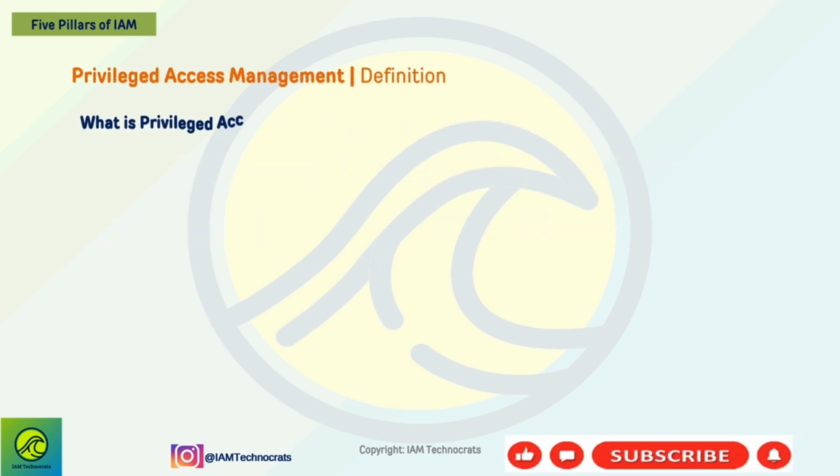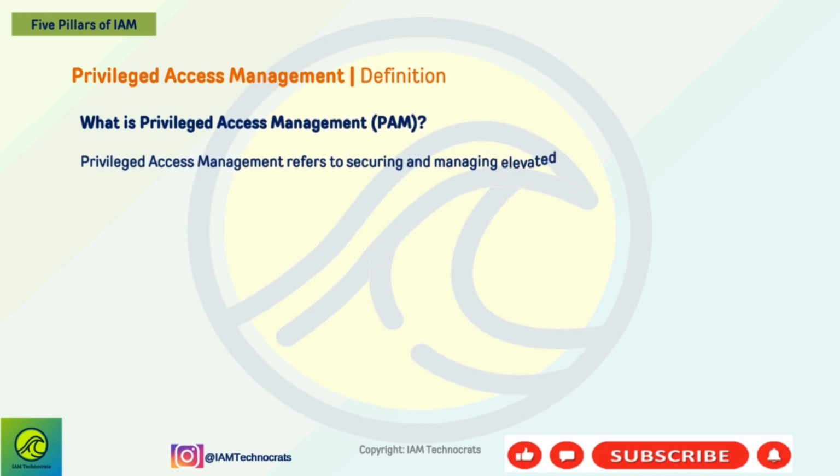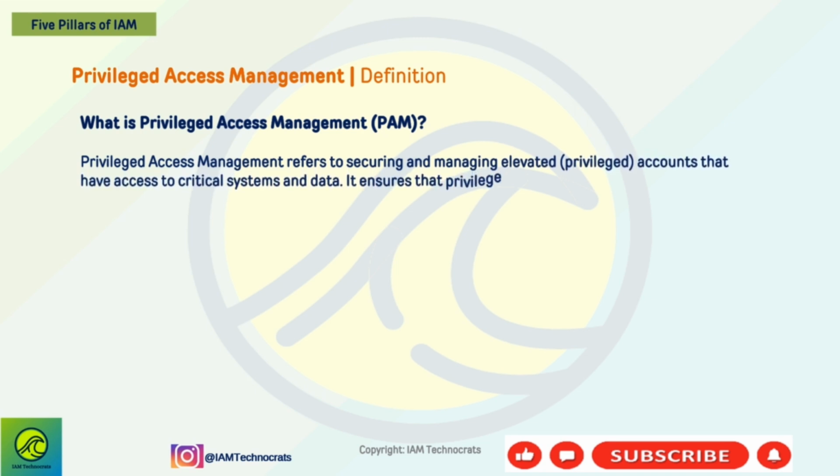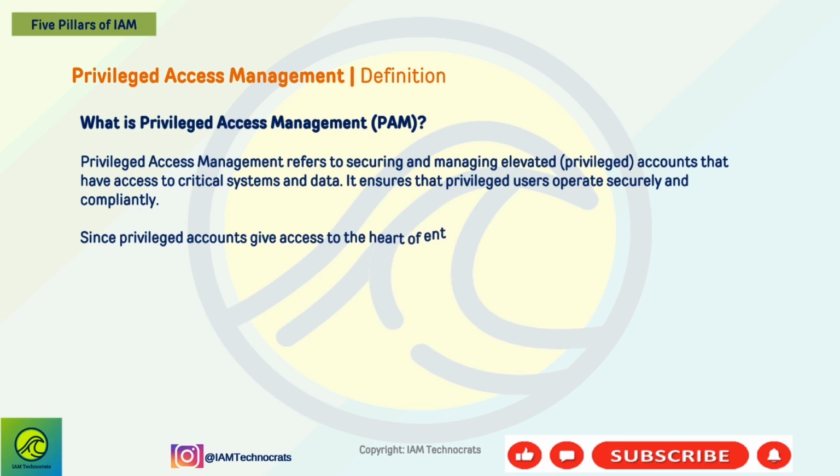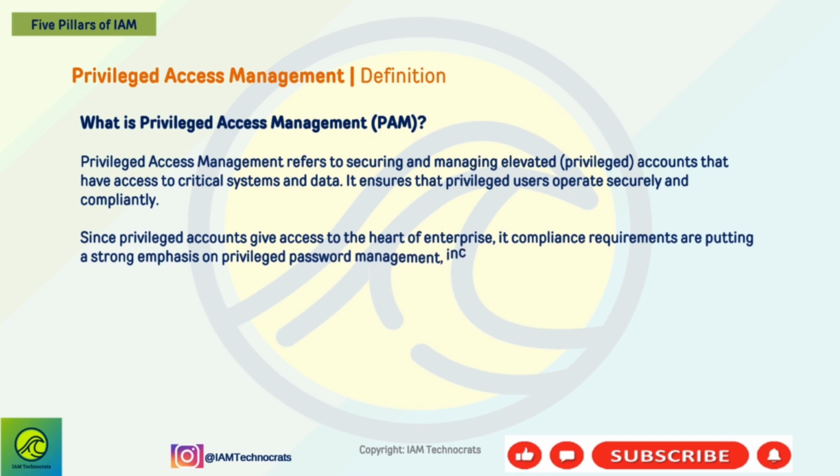The third pillar of IAM is Privileged Access Management. So, what is PAM? Privileged Access Management refers to securing and managing elevated or privileged accounts that have access to critical systems and data. It ensures that privileged users operate securely and compliantly.